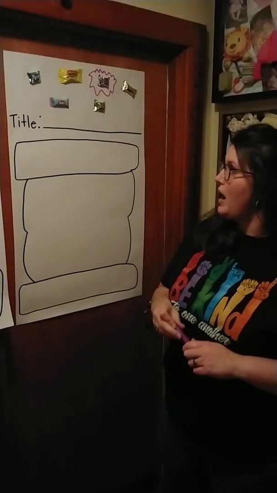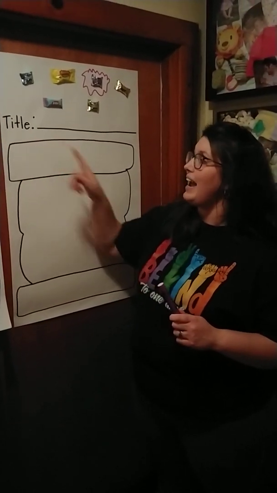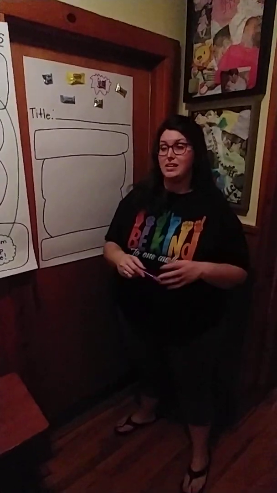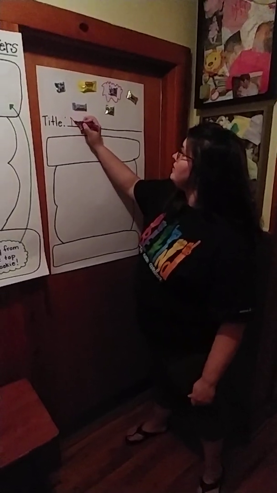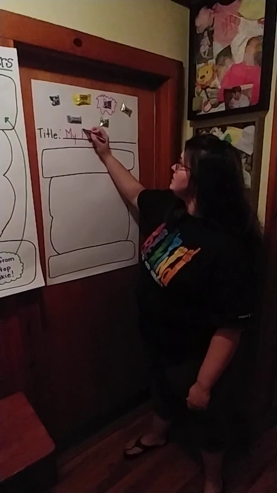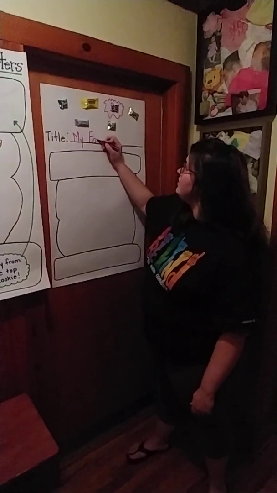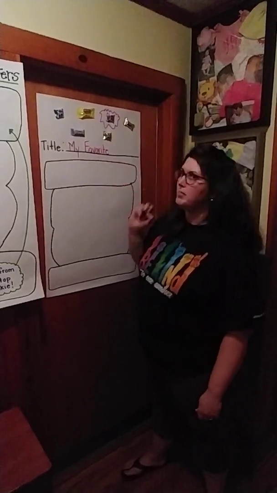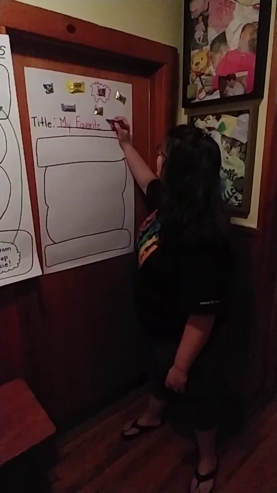Snickers, okay? So I'm going to think my title, if you remember my topic was, I said your favorite candy. So I'm going to write my, remember we're going to start with capitals because this is the name of a piece of writing. My favorite, what? Candy. My favorite candy.